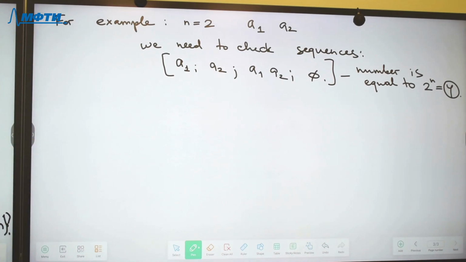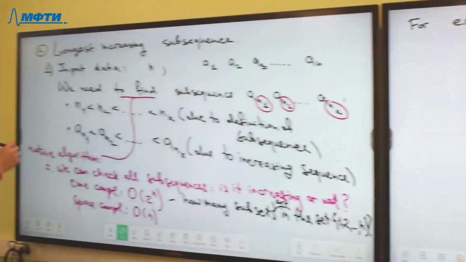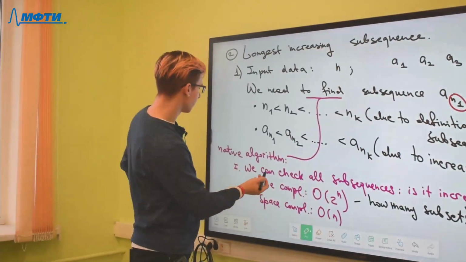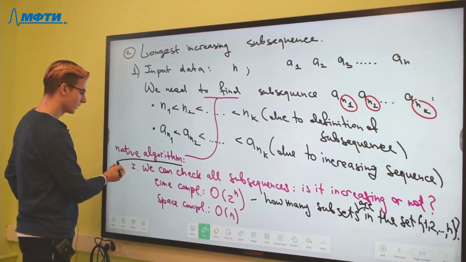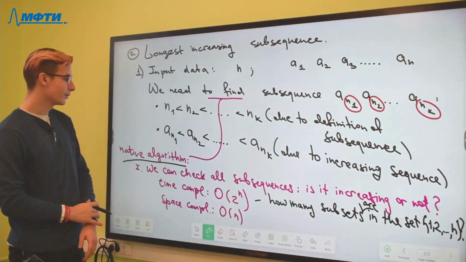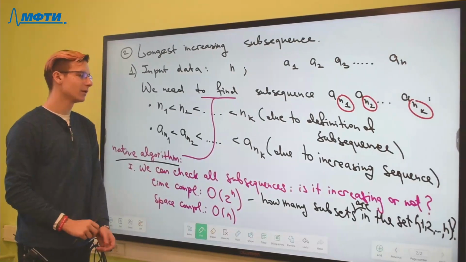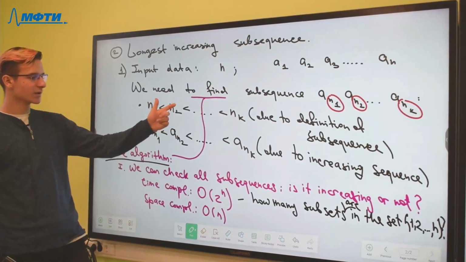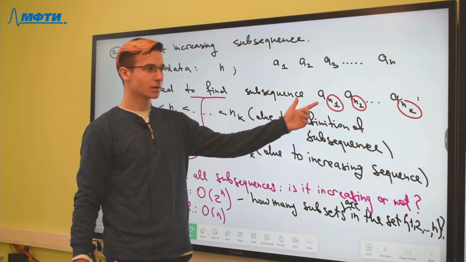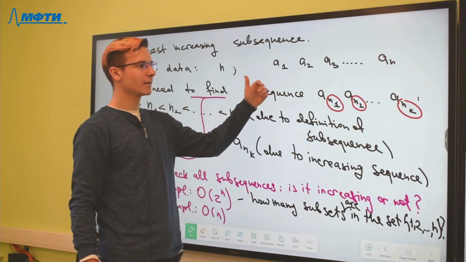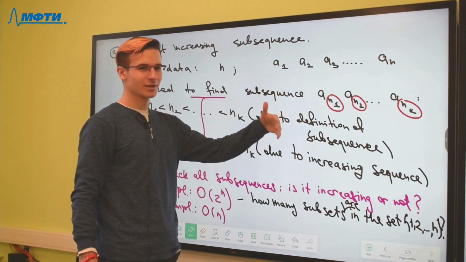Okay. So, of course, it is a naive algorithm, and of course we can improve it, because we understand that, for example, if a subsequence is increasing, then any of its subsequences is also increasing.